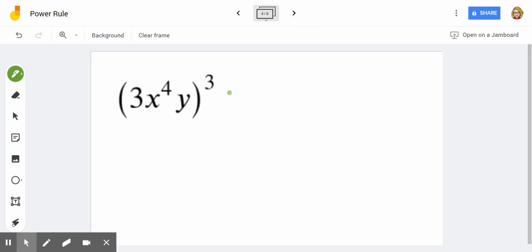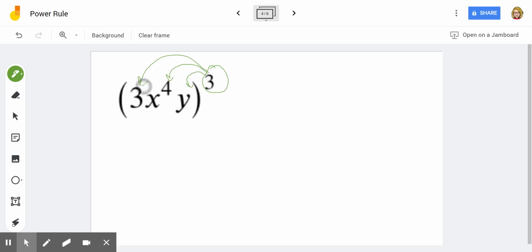Okay, let's do this problem. Actually, I'm going to back up. So what you're going to do here is you're going to multiply each of the exponents by 3.